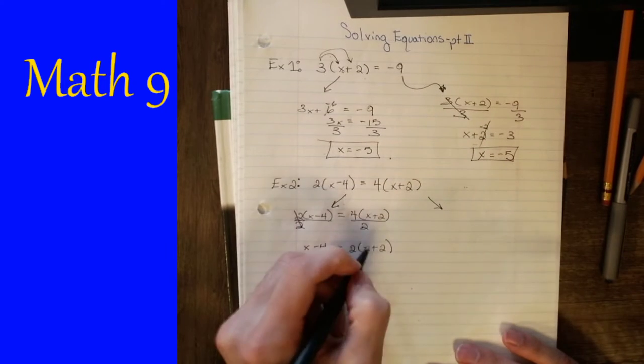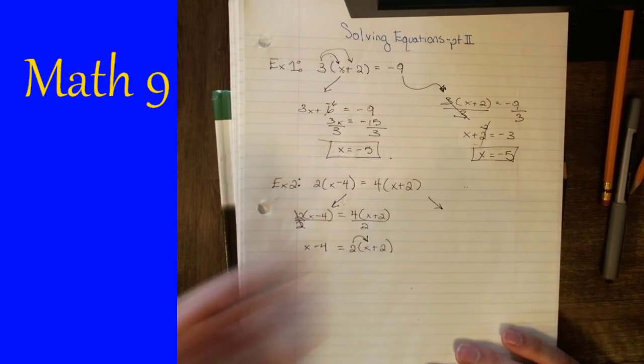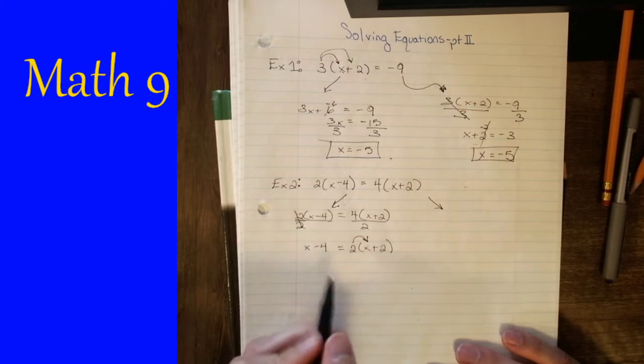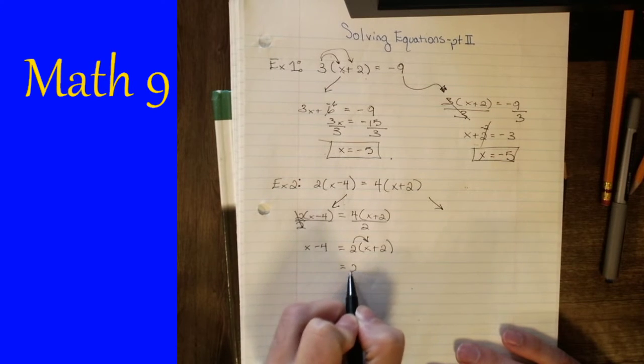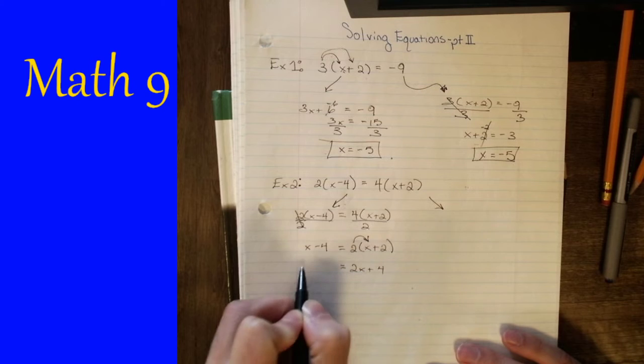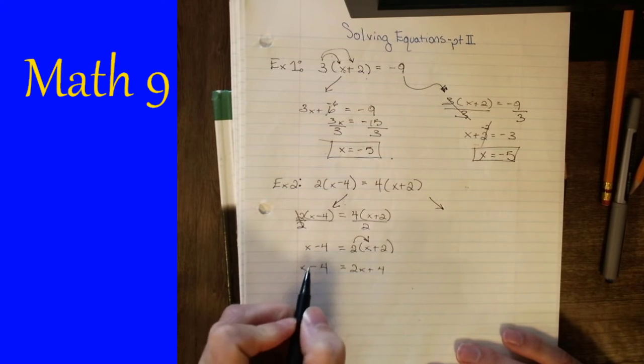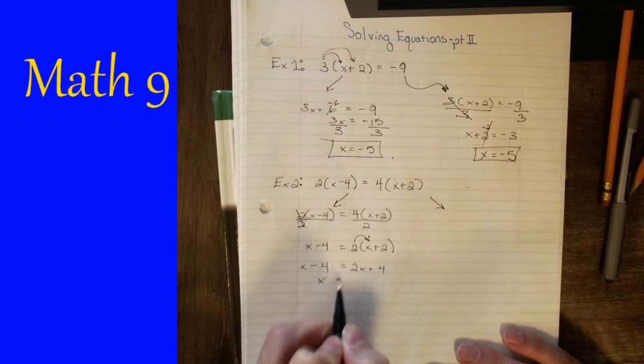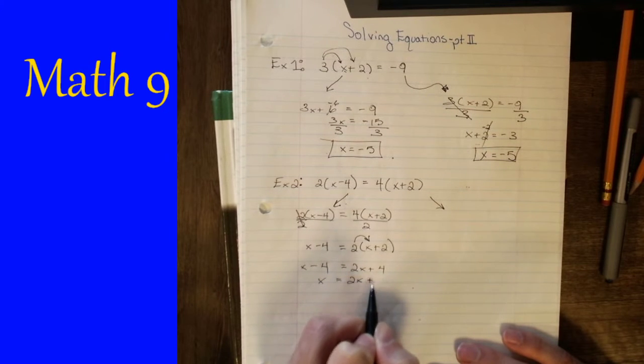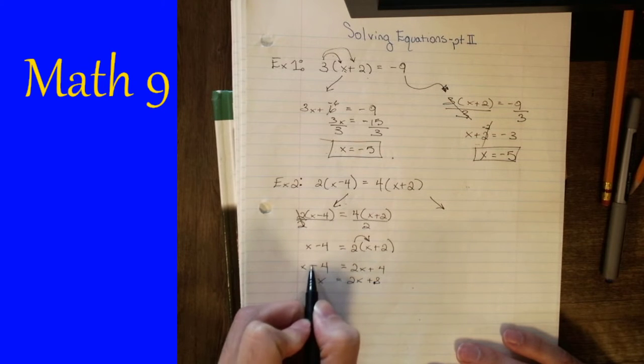At this point, I can expand this out, similar to how we did up here, to be 2x plus 4 is equal to x minus 4. x is equal to 2x plus 8. What did I do there? Well, I used to have minus 4, so I added 4 to both sides.